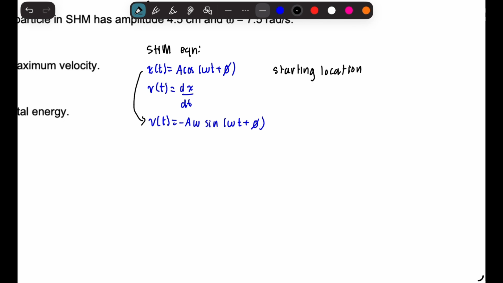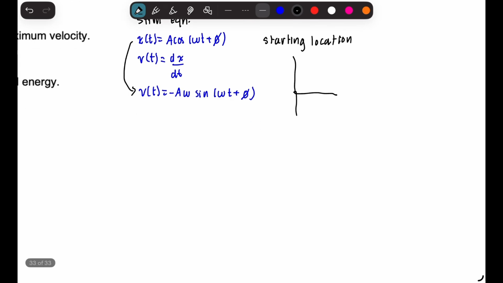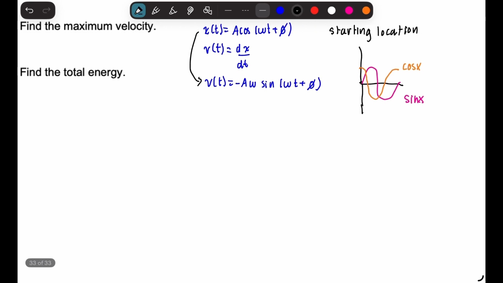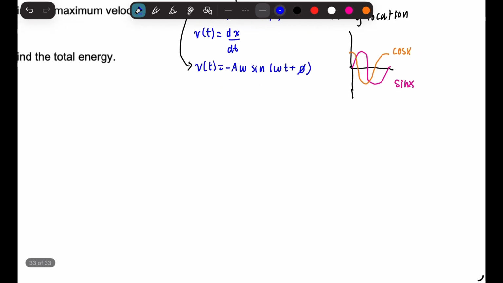When you look at your graph, when you have sine, it's like that. But when you have cosine, it's like that. There's your cosine x, and there's your sine x. So now what we have to do is find the max value.